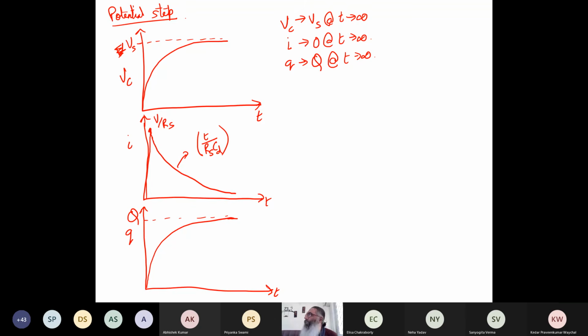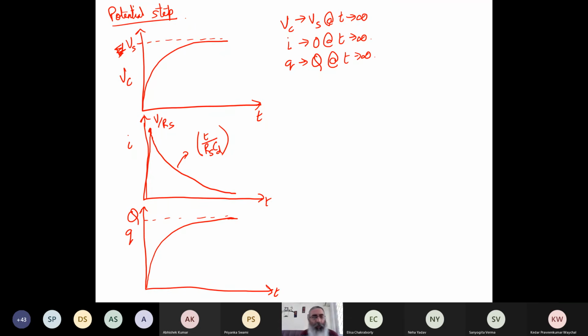One more important aspect that we need to discuss is that, like I said, everything is going to be a time dependent function. It's either an exponential increase or exponential decrease, both of which are time dependent functions.